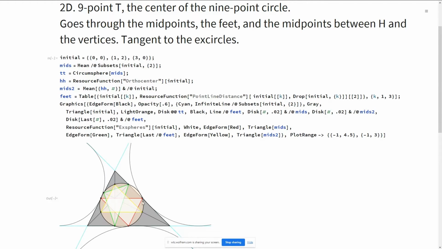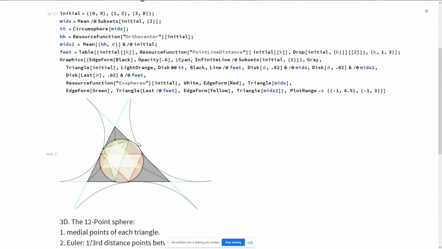You can also go to the orthocenter here and pick points that are 1/2 the way from the vertices to the orthocenter. That's something Euler noticed, and all 9 of these points are on the 9-point circle, which is tangent to the X circles, and that's what's shown here.